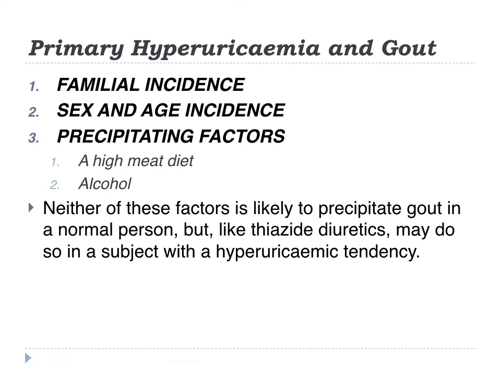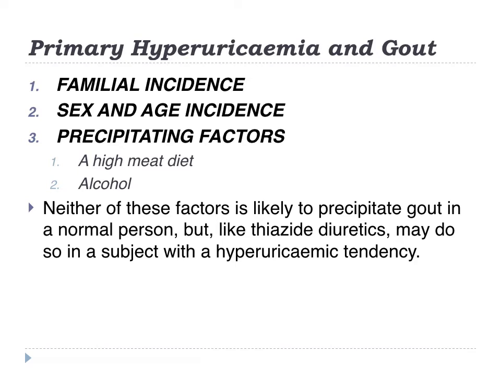We said we have two types of hyperuricemia, either primary, which is the main source, or secondary. Primary must have familial incidence, in other words genetic predisposition. Of course sex and age incidence is very important. Note that the male is always most prone to this abnormality, the female less. Age is also very important.